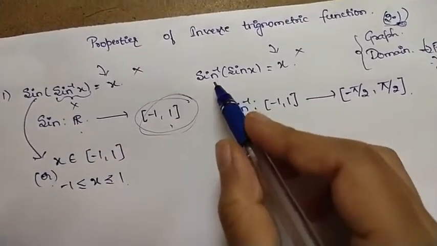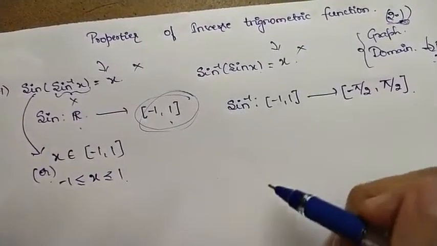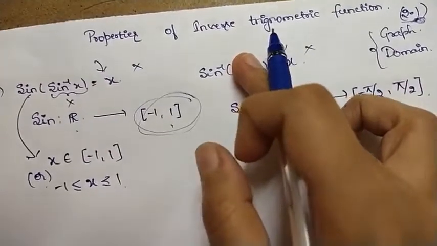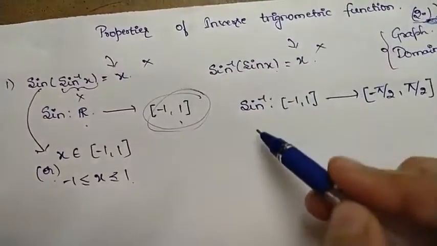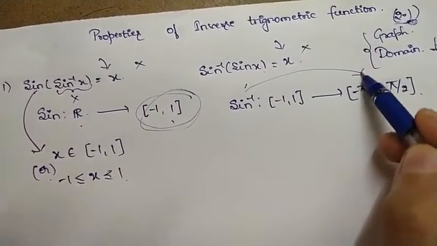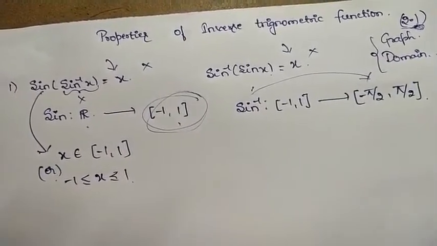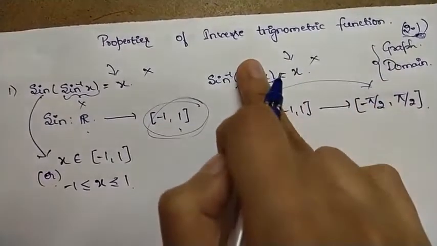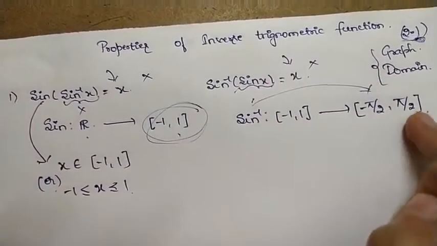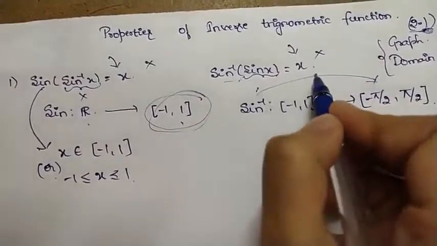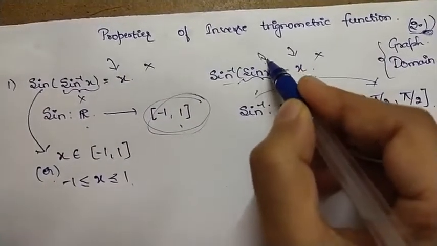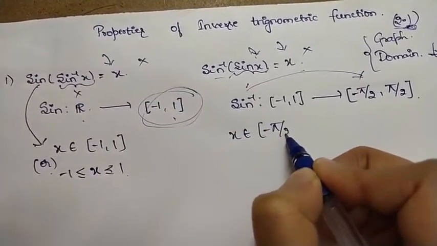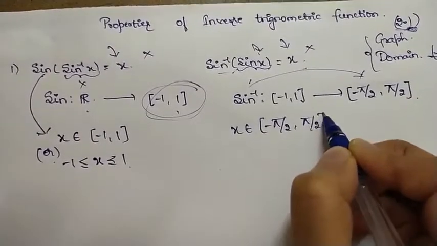Similarly, if I talk about sine inverse of sine x equal to x, here sine inverse of the inner x is going to lie in the principal value branch, that is in the range of the sine inverse function. If I take this as one whole variable, then sine inverse of x is going to lie in this range. So clearly the x value present here belongs to the range -π/2 to +π/2.